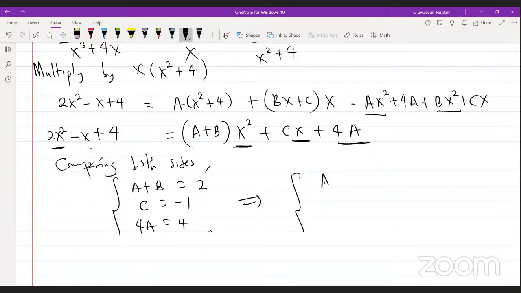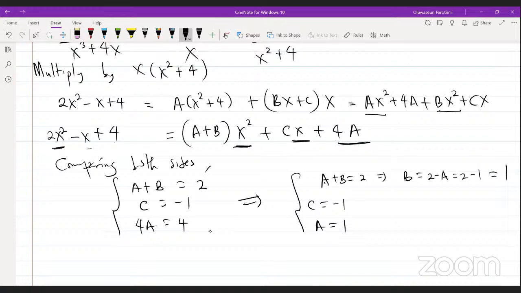So in this case, I have A plus B equals 2. Let's start from the bottom. A equals 1, C equals minus 1. So this means that my B is 2 minus A, which is 2 minus 1 equals 1.